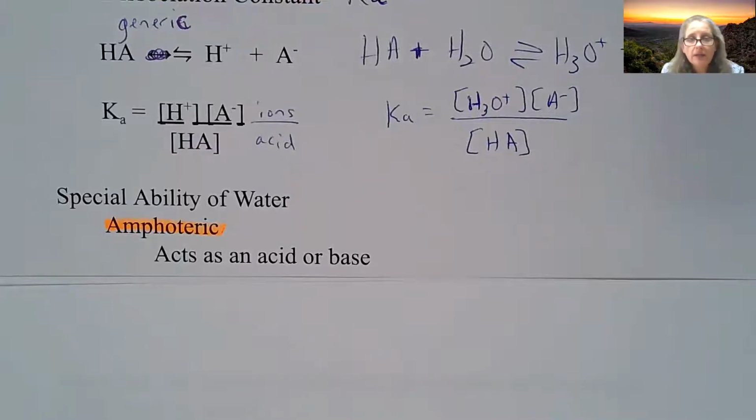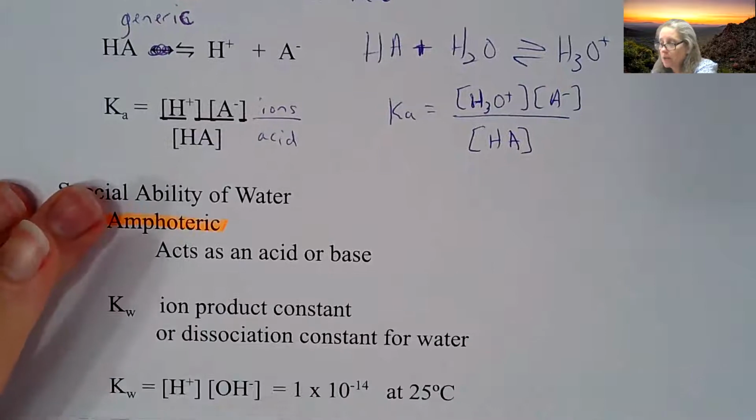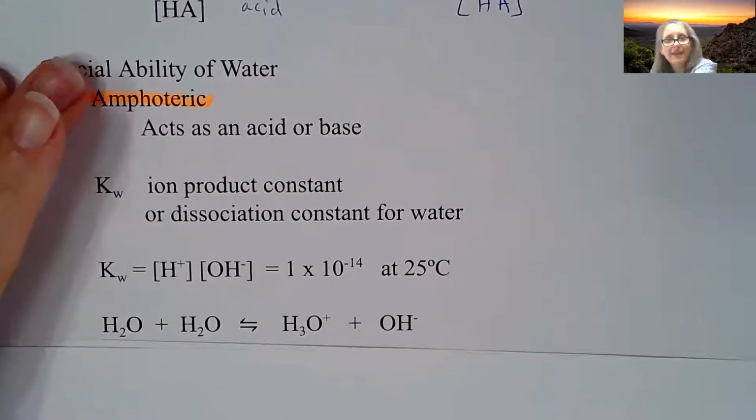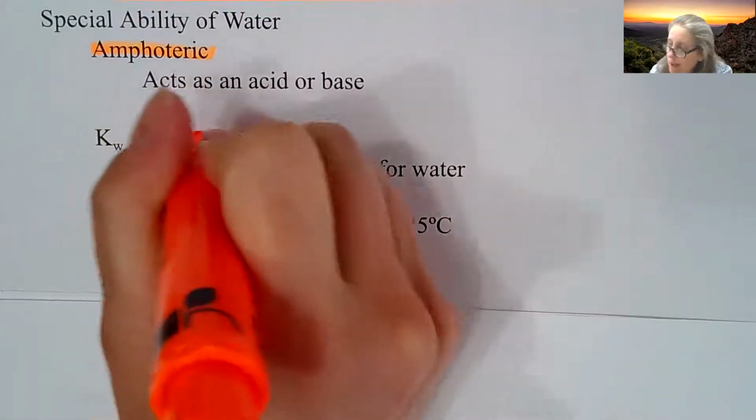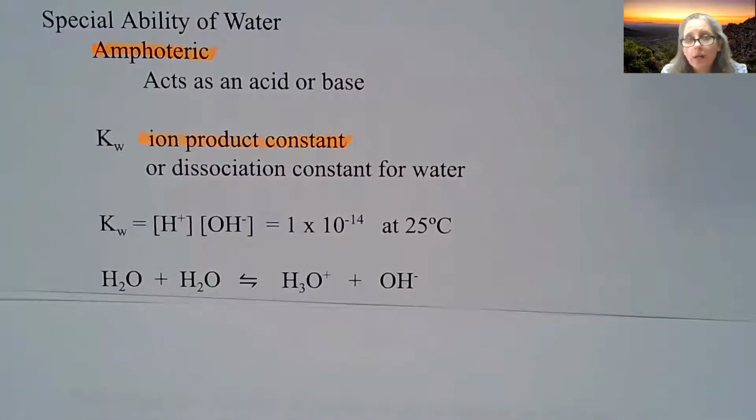And that is because it could take on an H or release an H. So it can act like an acid or a base. So water is always our starting point with our discussion of acid-base chemistry. So that is why we always first discuss what we call the Kw, okay? And the Kw is what we call the ion product constant for water, or the dissociation constant for water.